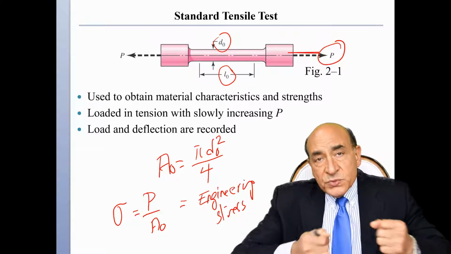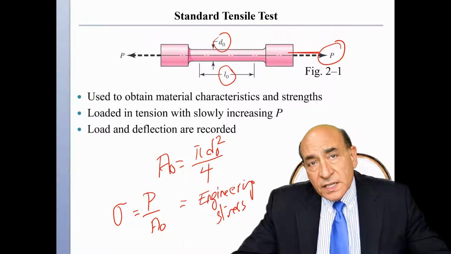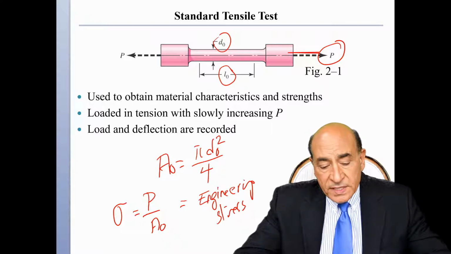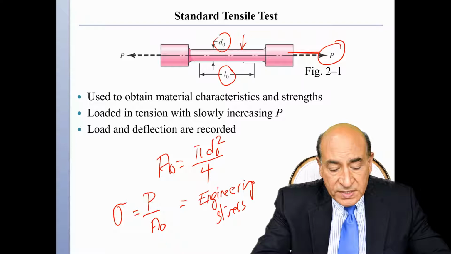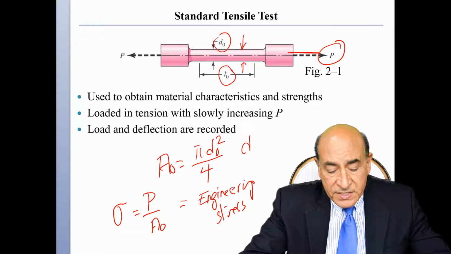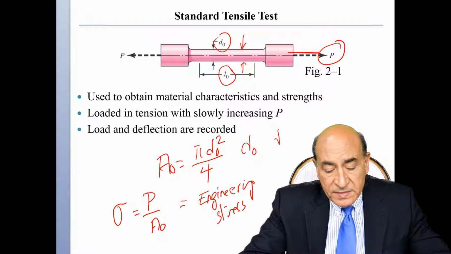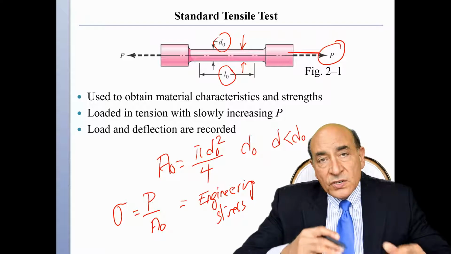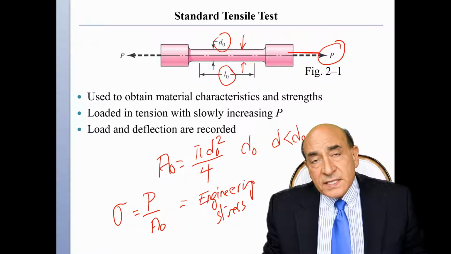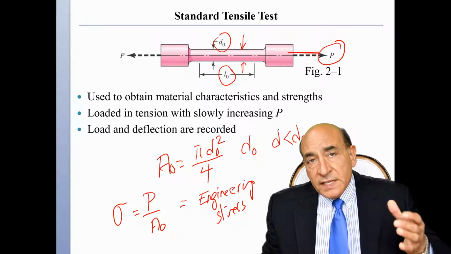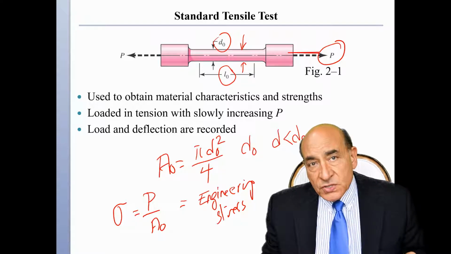And as we increase the load, then of course the cross-sectional area is going to decrease. So D0 will continue decreasing, and it will become D, which is less than D0. So as we increase progressively the stress, the dimensions of the sample will also change.